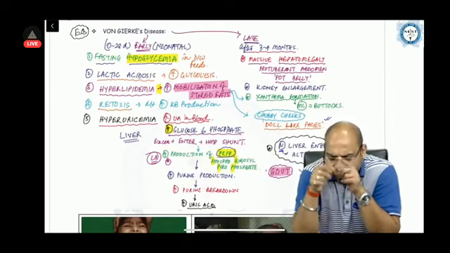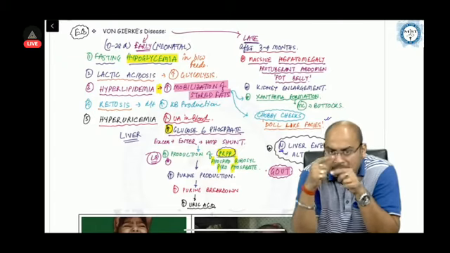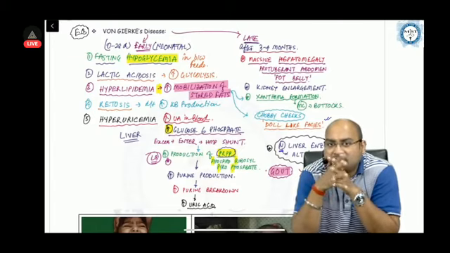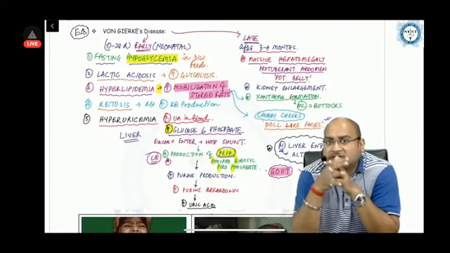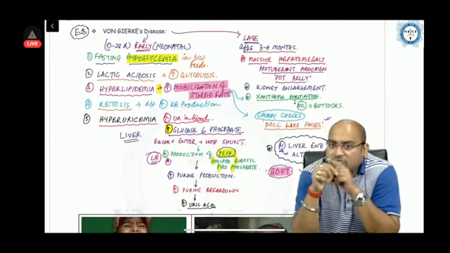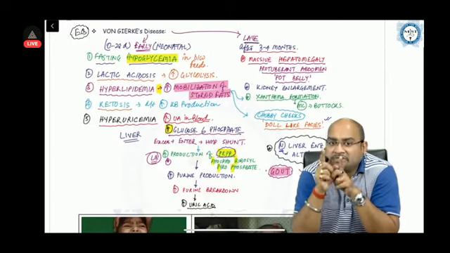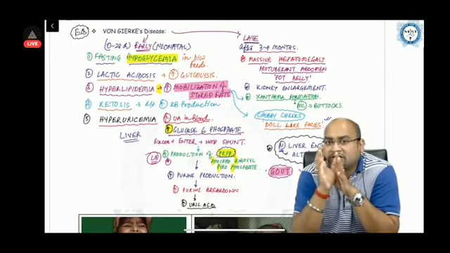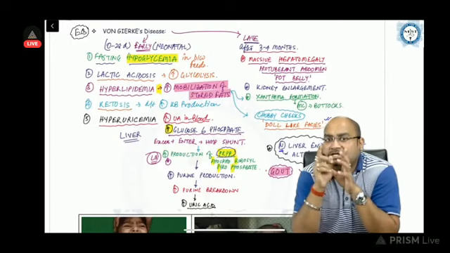Because whenever a child is getting multiple episodes of hypoglycemia, every time the child is not fed on time, there is a higher chance of hypoglycemia. So the body will think that nobody is feeding that child. That means the child might be in a state of starvation. So what will happen in starvation? There is breakdown of our fats.